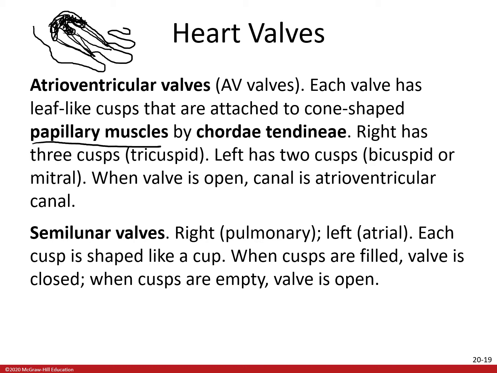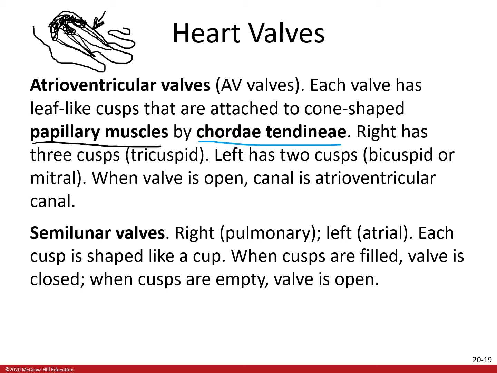These are special little muscles that relax and contract and pull on the strings that I just drew out here. Those strings are called chordae tendineae, and they become tighter or relax depending on whether the papillary muscles contract.